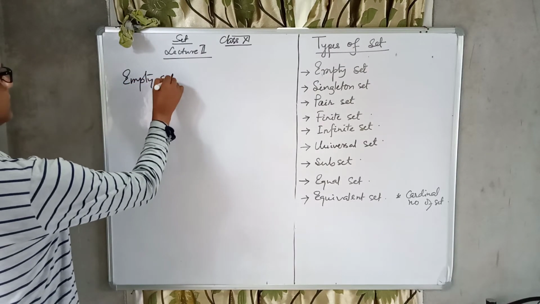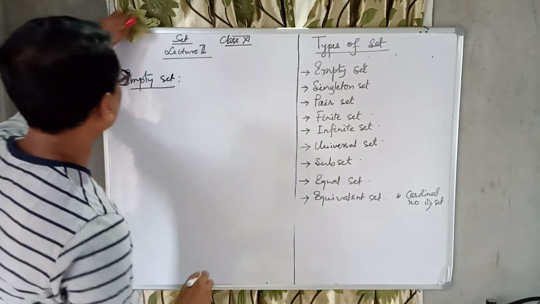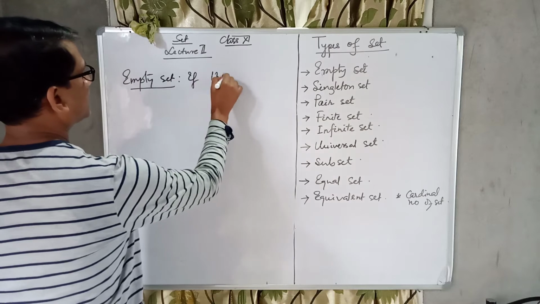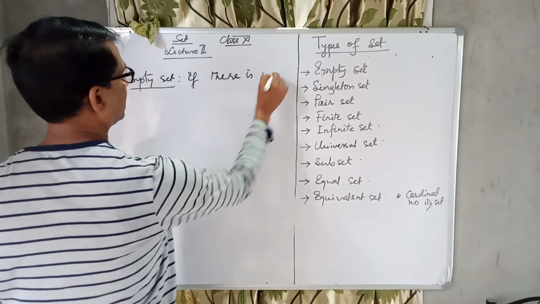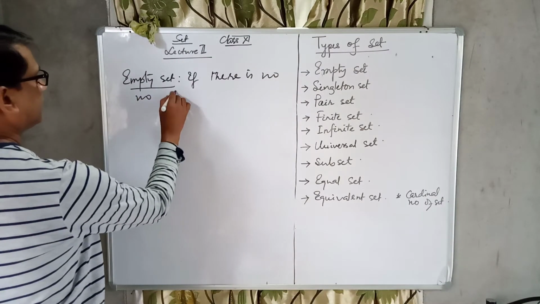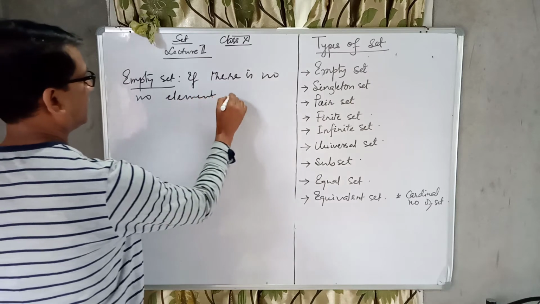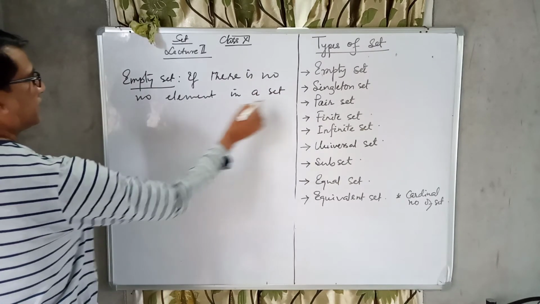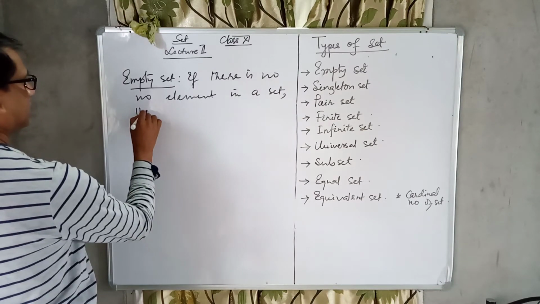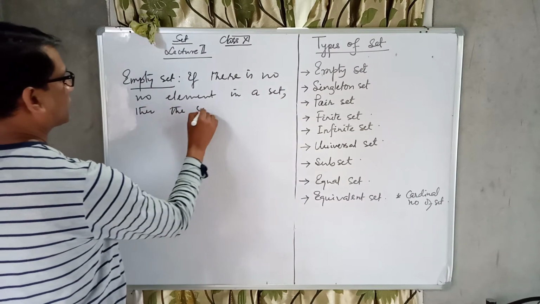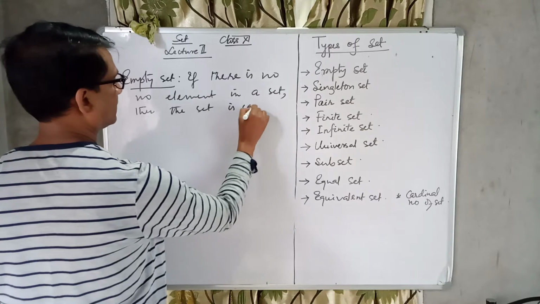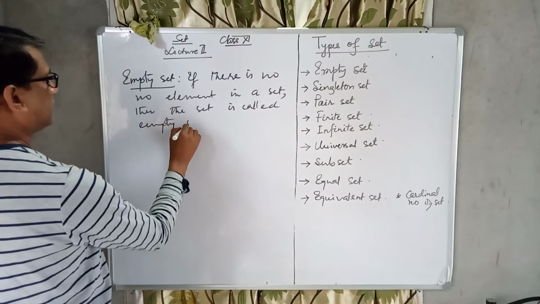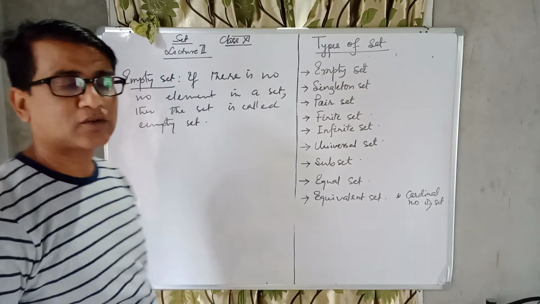Empty set: if there is no element in a set, then the set is called the empty set.